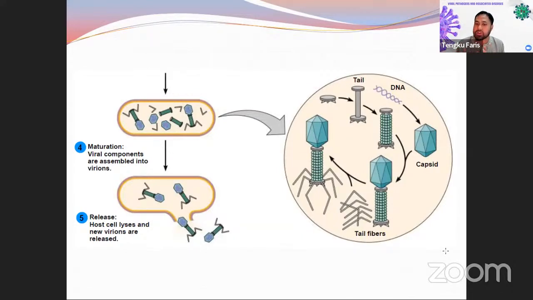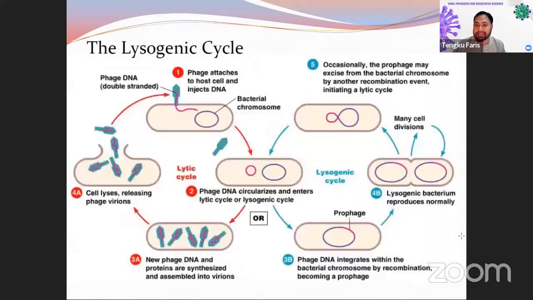And then they become mature, meaning they have become assembled into a whole new set of functional virus. Okay, so they are assembled into virions, and when they are ready, with a good amount, they will be released from the host cells and start to invade another system. Okay, so this is called the lytic cycle.